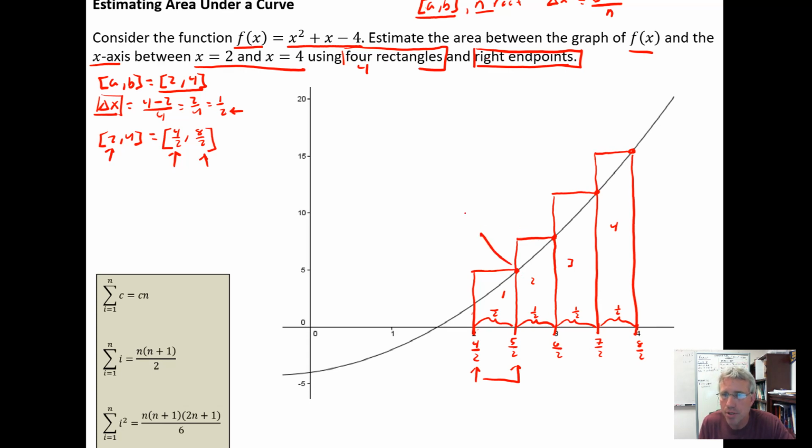And for each of these, I'm going to need to know the ordered pair that goes with it, because I need to know the height of the function at that point, because the height of the function at that point will tell me the height of the rectangle. So here, when I input 5 halves for this point, I know that the output is f of 5 halves.